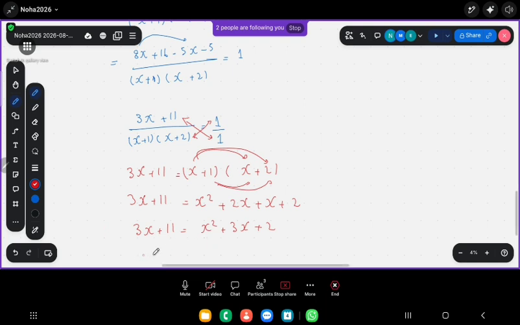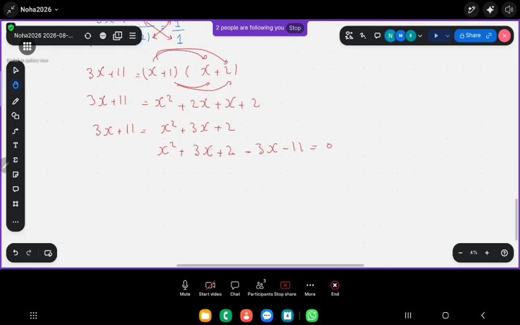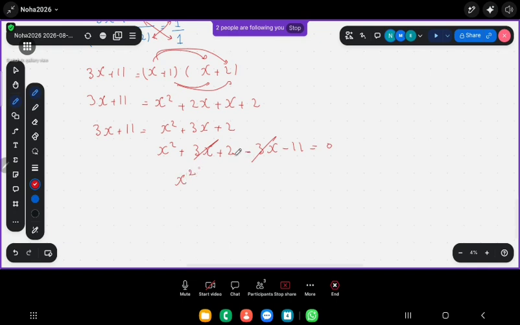So x squared plus 3x plus 2, and now minus 3x minus 11, all of that equals 0. Now 3x with negative 3x, you can deal with them together. Then x squared, plus 2 minus 11 is minus 9. All of that equals 0.